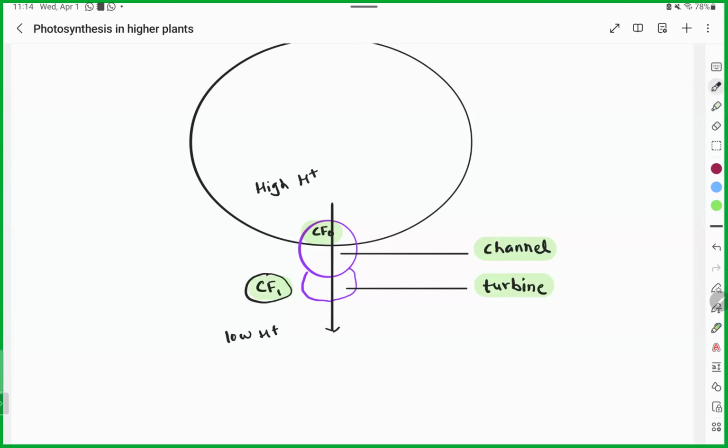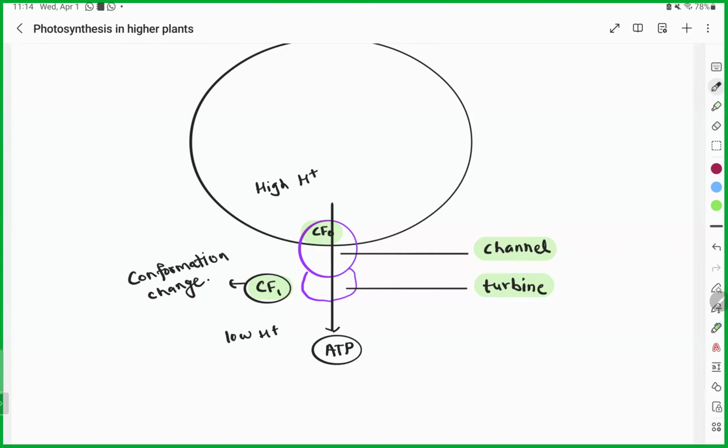A conformation change will happen, meaning the turbine will rotate. In biology we write conformation change, but in reality it is basically a change in the shape of CF1. When it changes, what will happen? CF0 and CF1 are basically the system of passage of water.